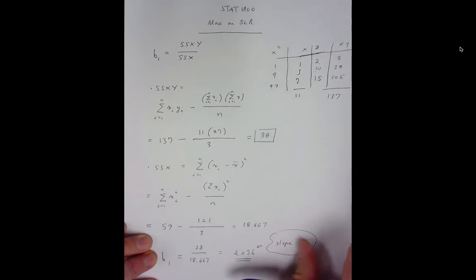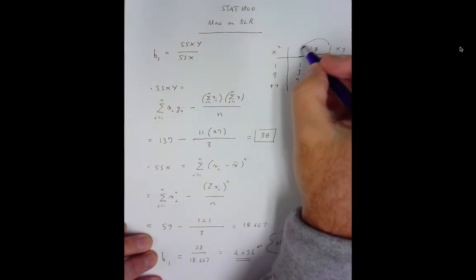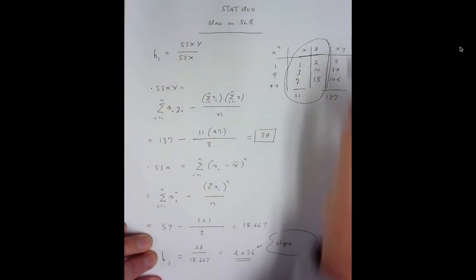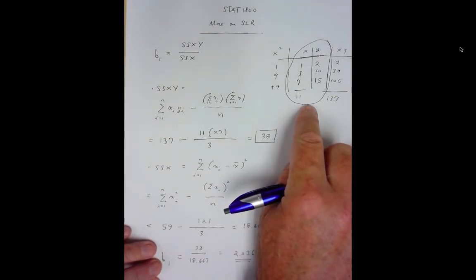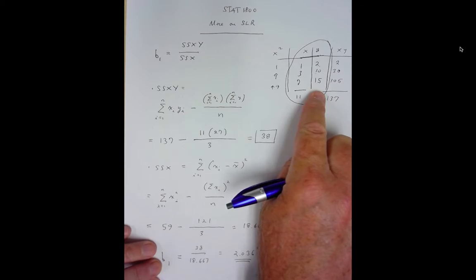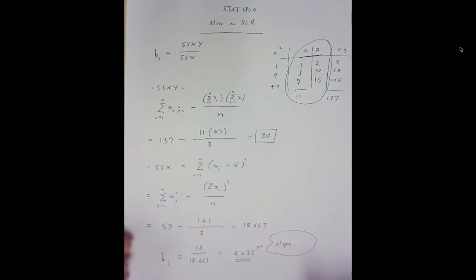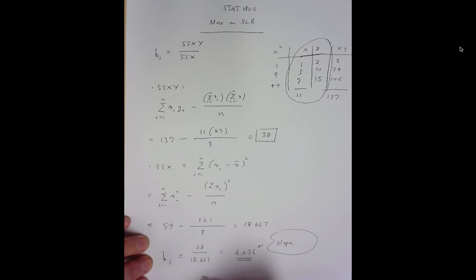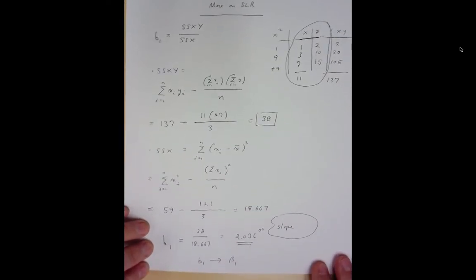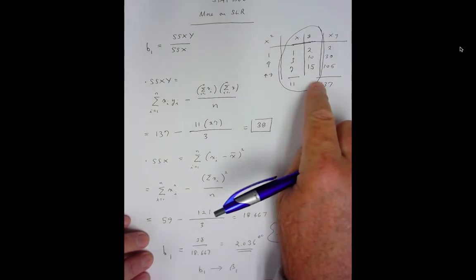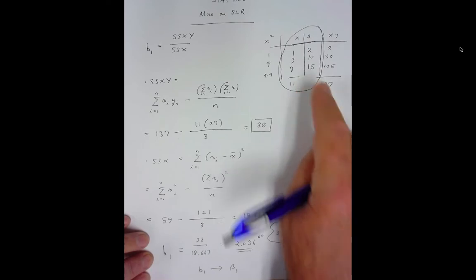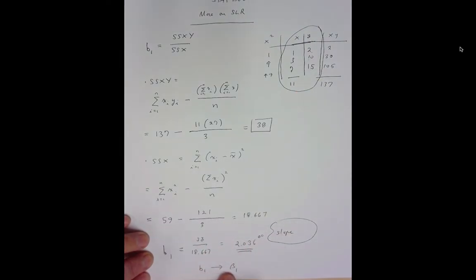So, assuming that these 3 measurements were collected from a bigger population, so this is a sample, our best estimate of beta 1, which would be the slope of the relationship between all the x's and y's in a population, is 2.036.